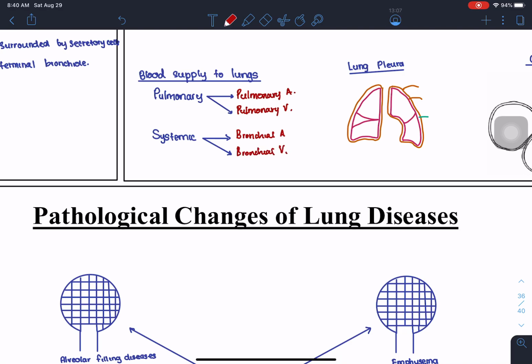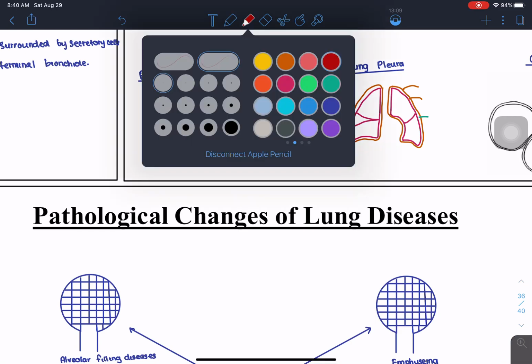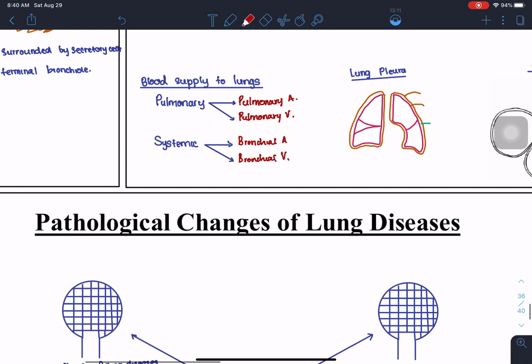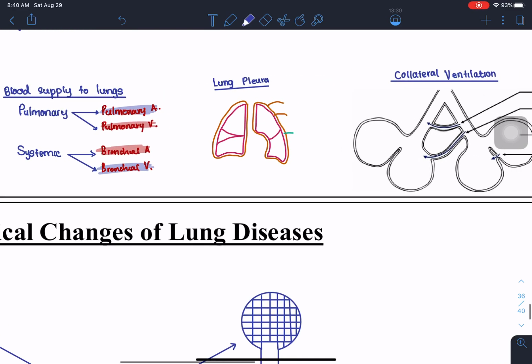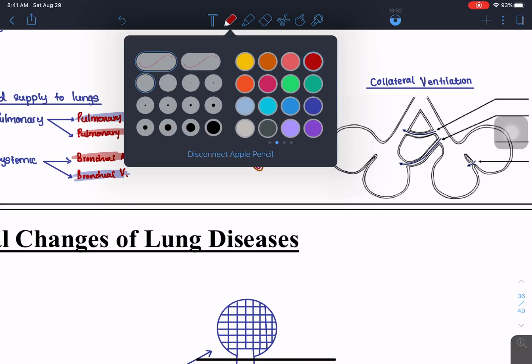So I need you to remember from basic anatomy, the pulmonary vein will carry the oxygenated blood. In systemic circulation, obviously, the bronchial artery carries the oxygenated blood. So the pulmonary artery carries the deoxygenated blood, and bronchial veins carry the deoxygenated blood. And then again the lung pleura.